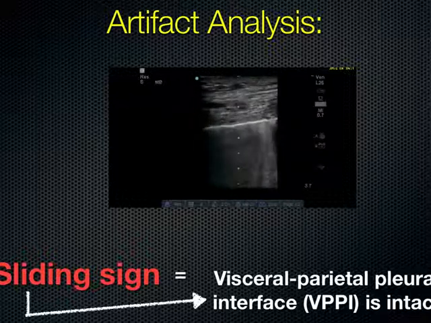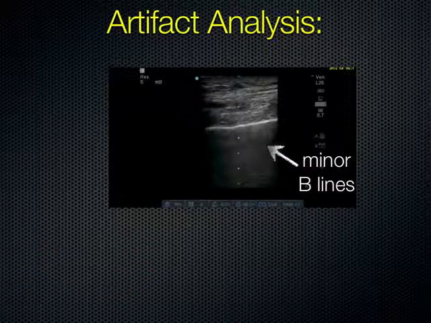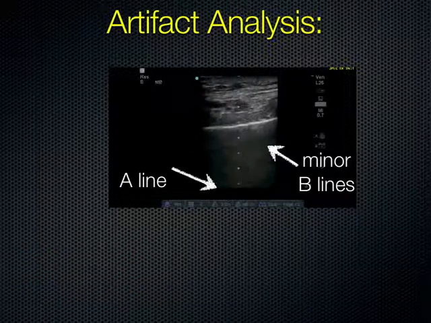In other words, the visceral pleura is adjacent to the parietal pleura, and they're sliding against each other. You can appreciate these very small B lines that show you the motion. The motion at the sliding sign at the pleural interface looks a bit like ants crawling across, or shimmers. We have very minor B lines here, and there's an A line, because this lung is mostly aerated.